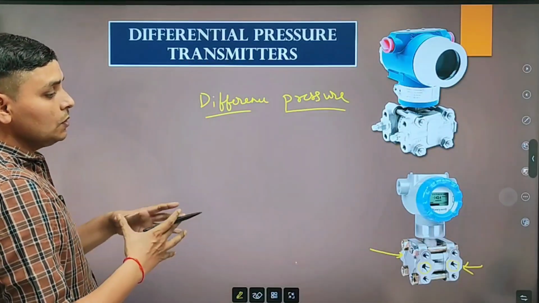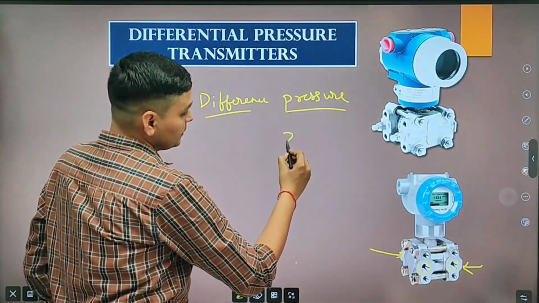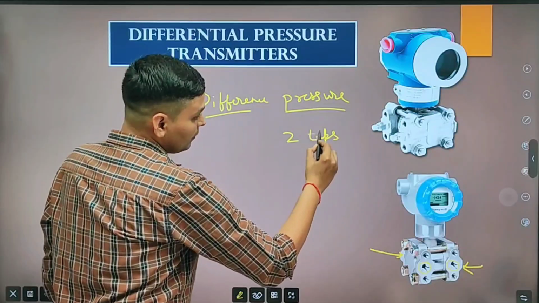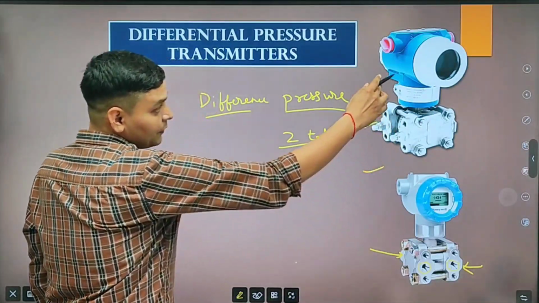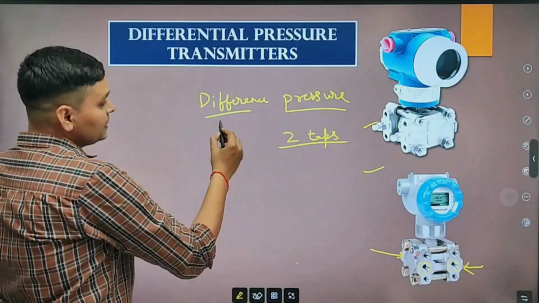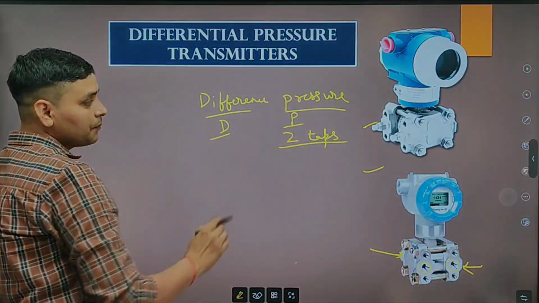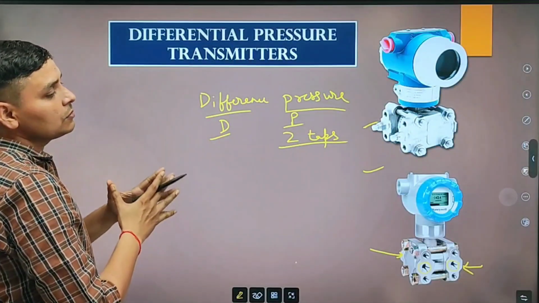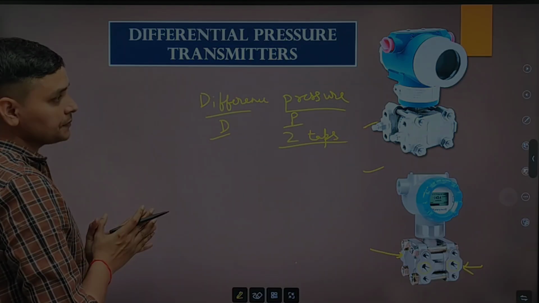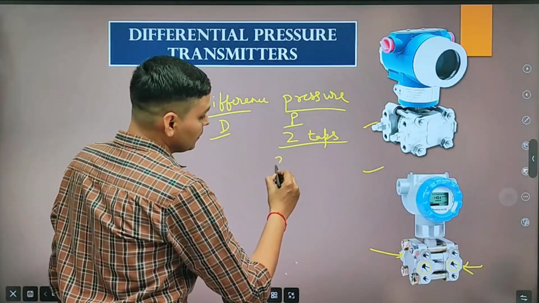So here two taps will be used for a differential pressure transmitter. Its short form is DP transmitter. D means differential and P means pressure. So these transmitters are also known as DP type transmitters. Here two taps means two connections.